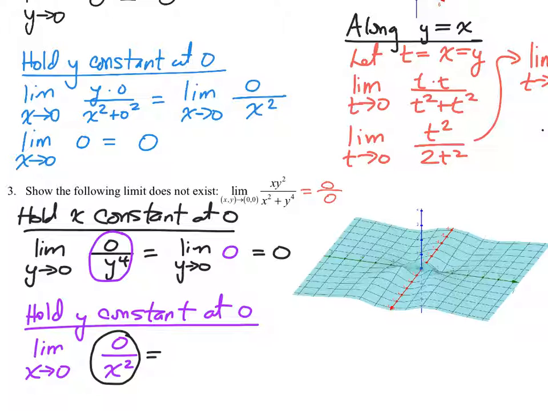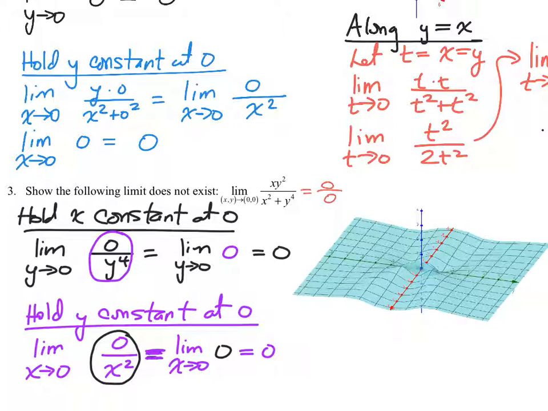Simplify, we get the limit as x approaches 0 of the constant 0, and that's going to be equal to 0. All right, so no help there. We're looking for a limit that's going to be different from the ones that we got.